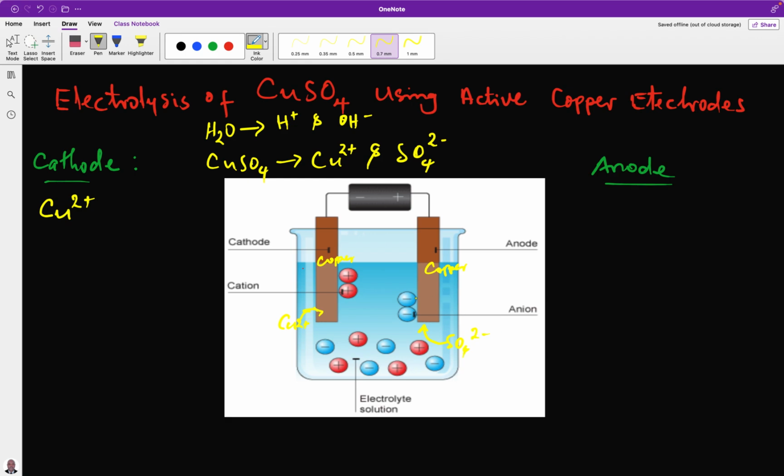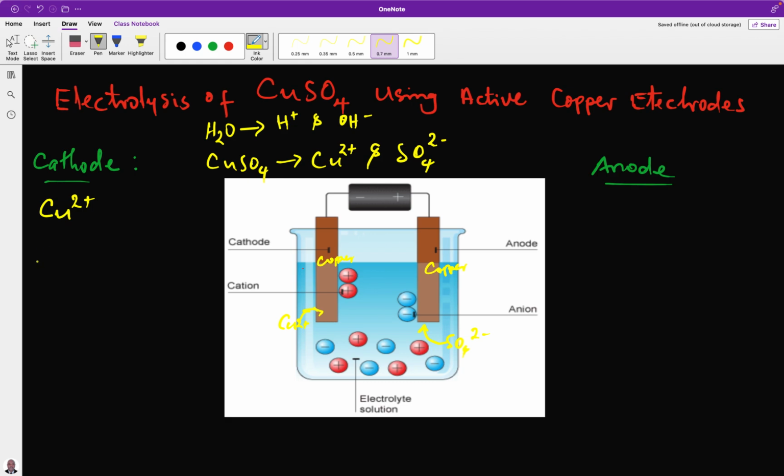But what is really going to take place? The sulfate has nothing to do here. So the reaction at the cathode will be: there is reduction taking place there.